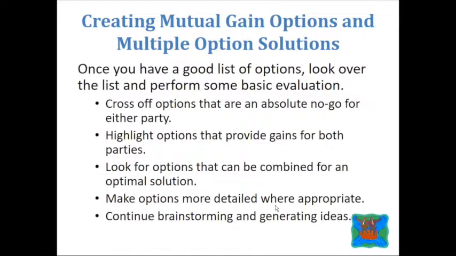Now let's create some mutual gain options and multiple option solutions. Once you have a good list, look over the list and perform some basic evaluation. Cross off those things that are absolute no-goes for either party. Going to a Chinese restaurant, deleted, gone. Going to McDonald's, deleted, gone. Highlight the options that provide gains for both parties.